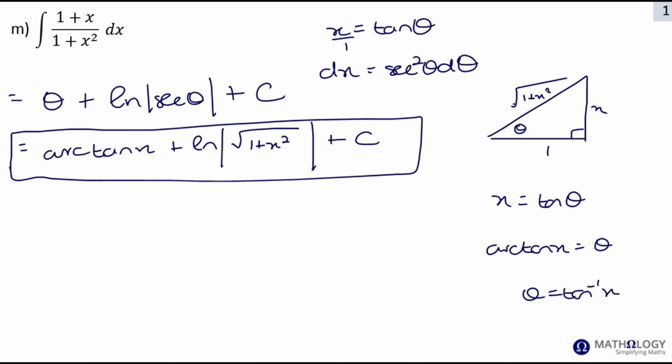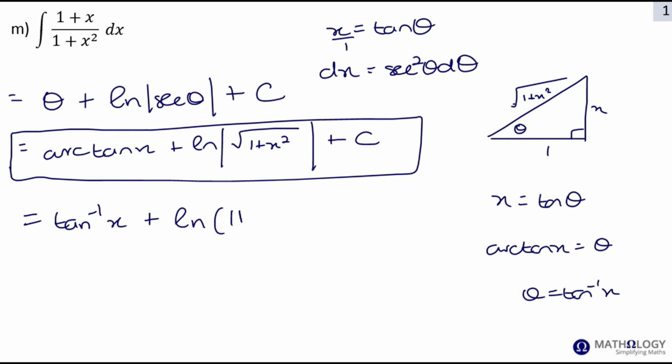If you like, we can also write this as tan to the minus 1 x plus, if you want to, it might be neater to remove that square root sign. So we have ln, and we're going to drop the absolute value signs here because 1 plus x squared is a positive number regardless of the value of x. So we don't need the absolute value sign anymore.